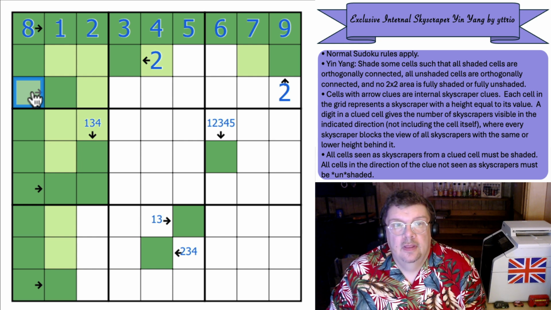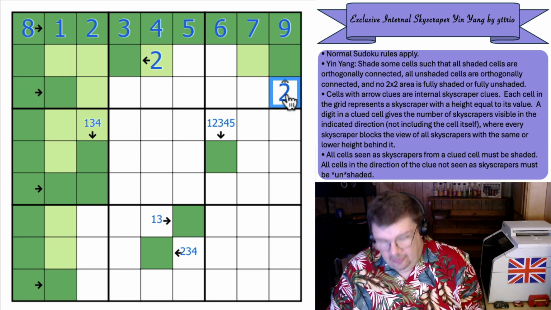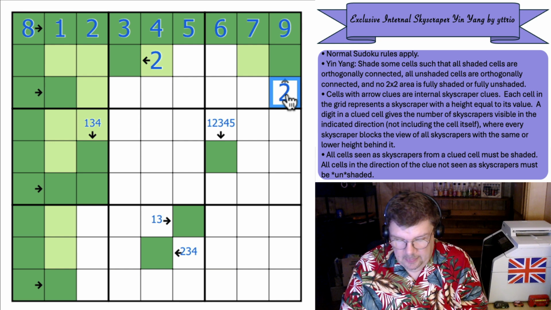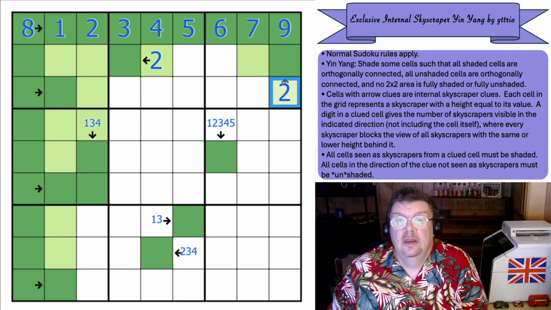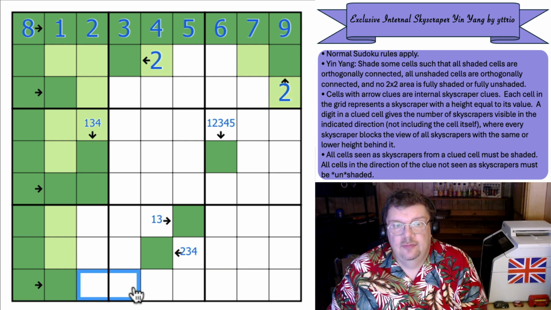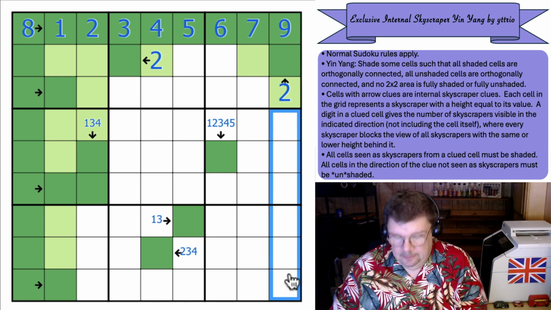So that is going to see a 9. That's going to be the last shaded cell in its row from the left. So that has to be unshaded. And now we know that there is at least one unshaded cell in this row. So all of this has to be unshaded.